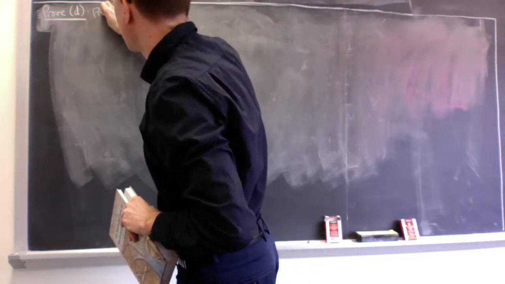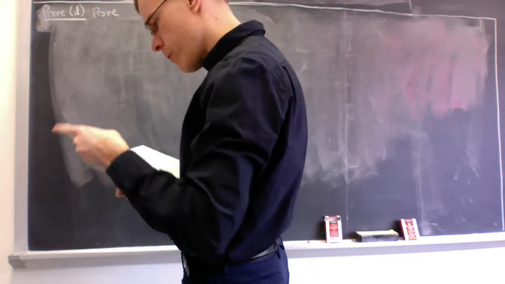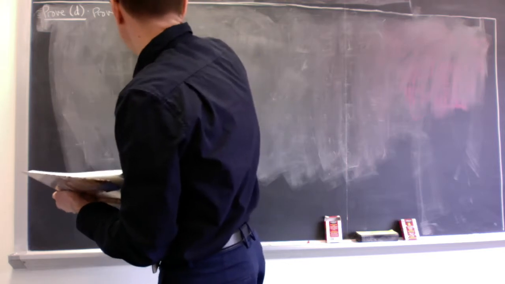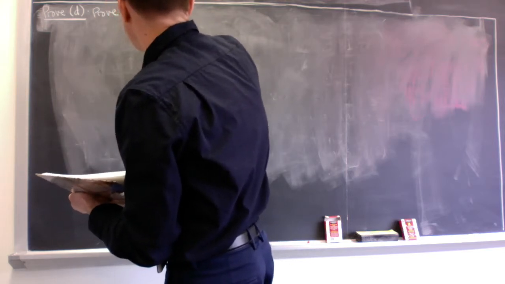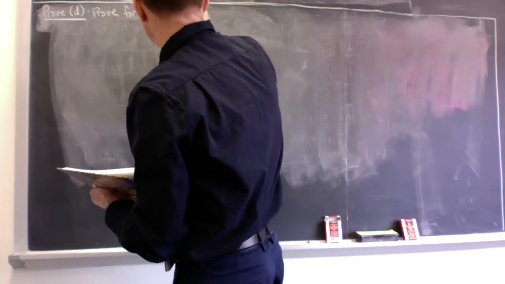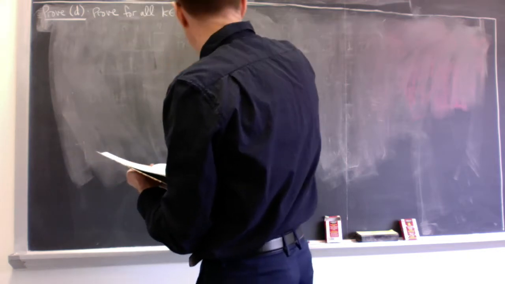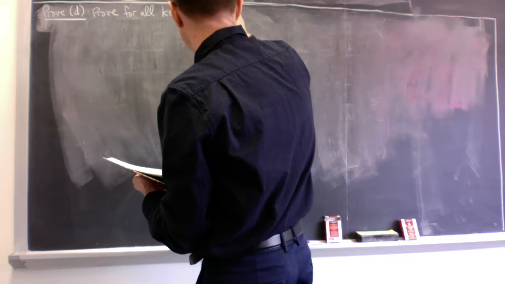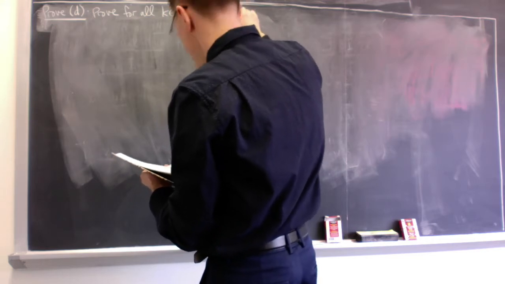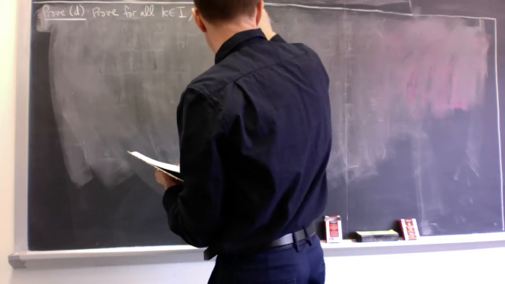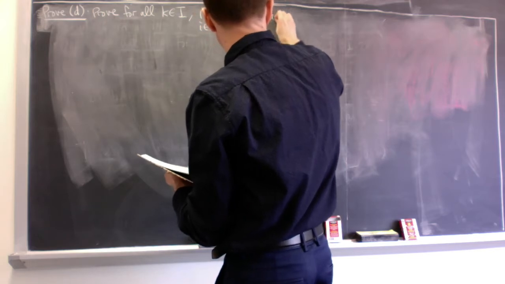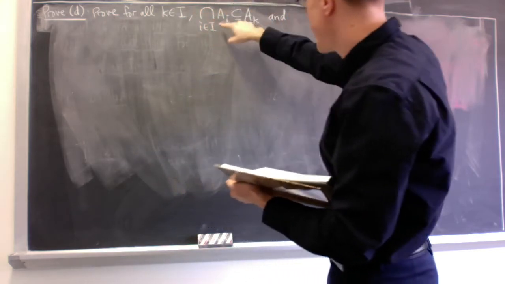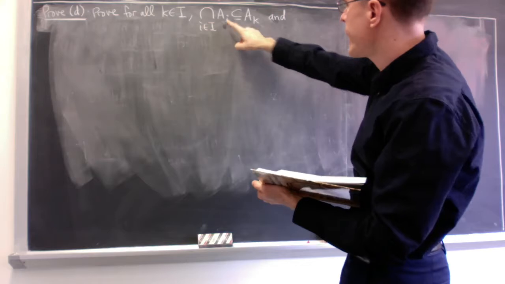So in other words, when I'm proving it, I'll write: prove for all k in I, the intersection of all of the A sub i's is contained in A_k, which is one particular set among the ones whose intersection is being taken.